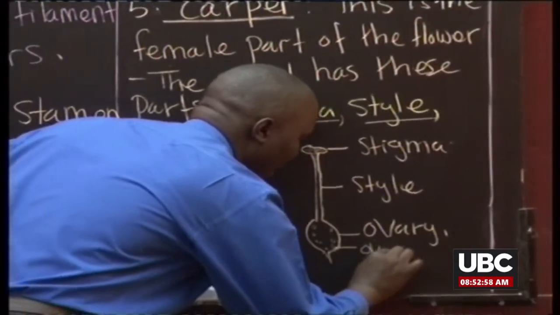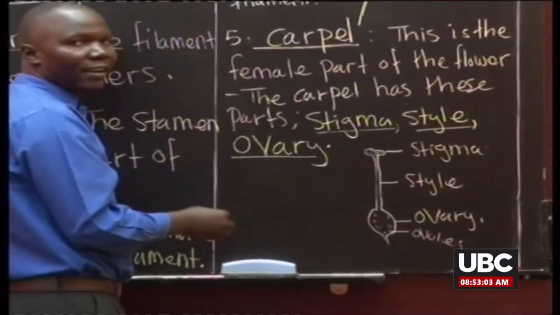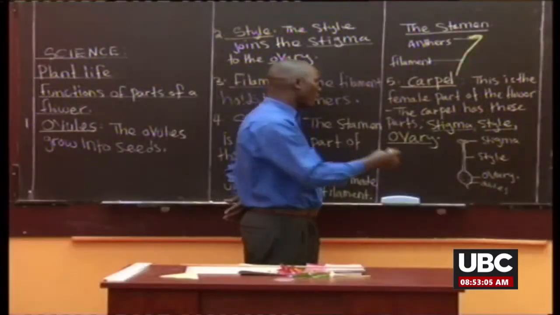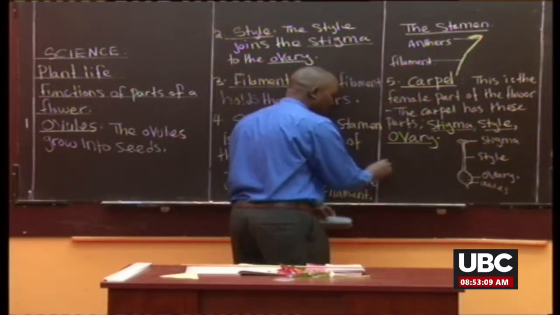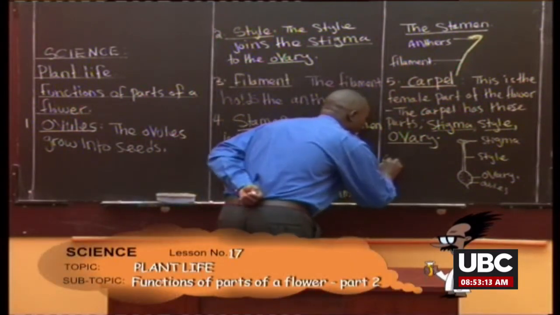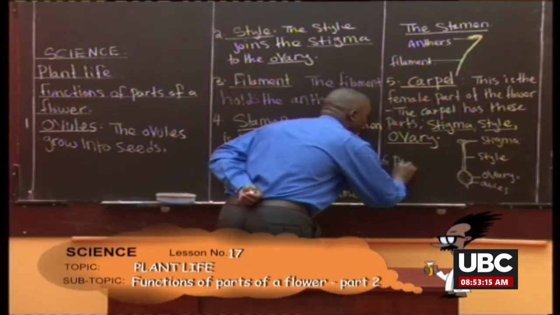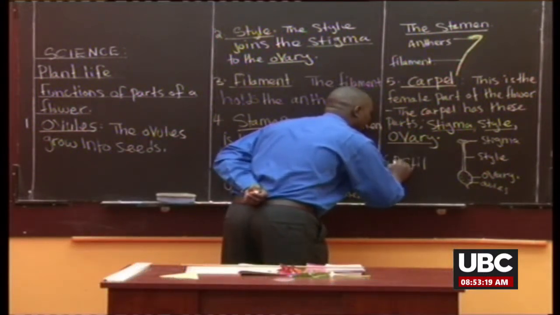We are having the ovules. So the ovules and the ovary together form what we call the pistil. Pistil is our other point number 6 that we need to look at. There is that part we are calling the pistil.